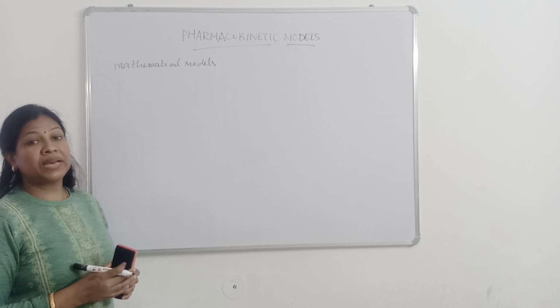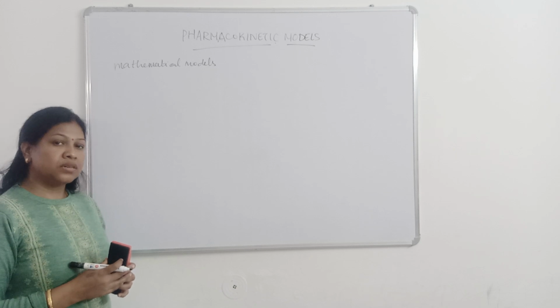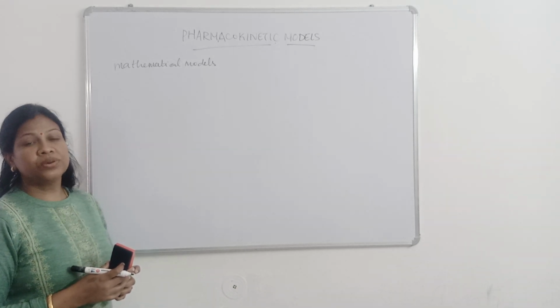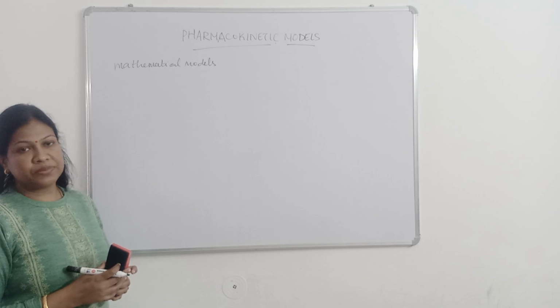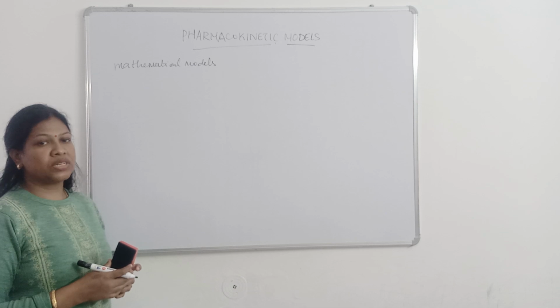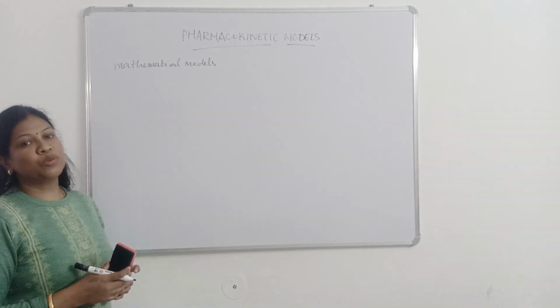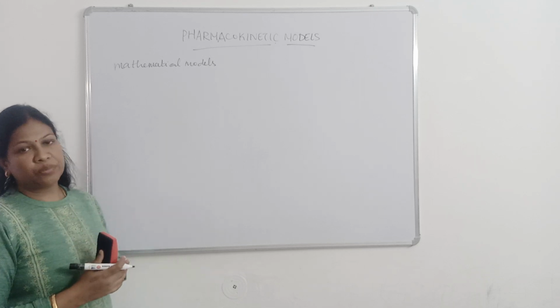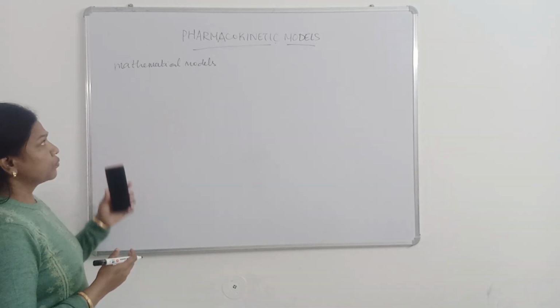So we use mathematics to determine the drug concentration as the time changes. That is rate. To study the rate, we need some models, mainly mathematical models, to simplify those complex pharmacokinetic properties.